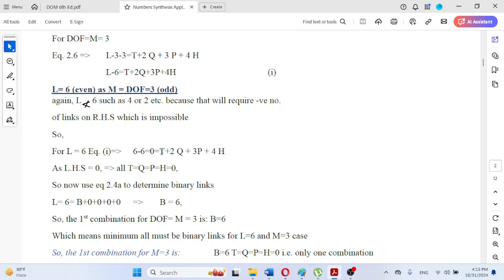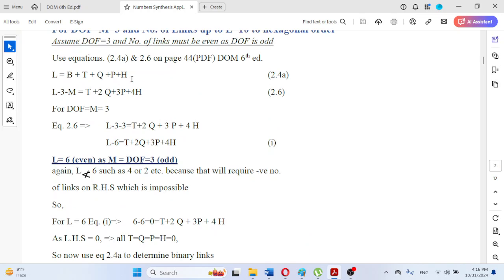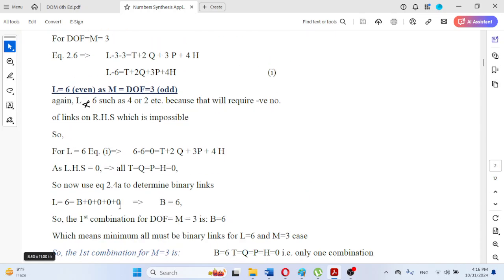But in this equation binary links are not available; binary links will be obtained from equation 2.4a. So now we use equation 2.4a to determine the binary links.